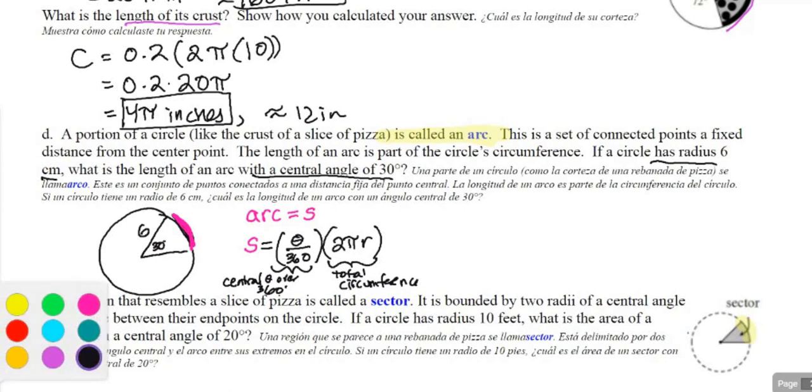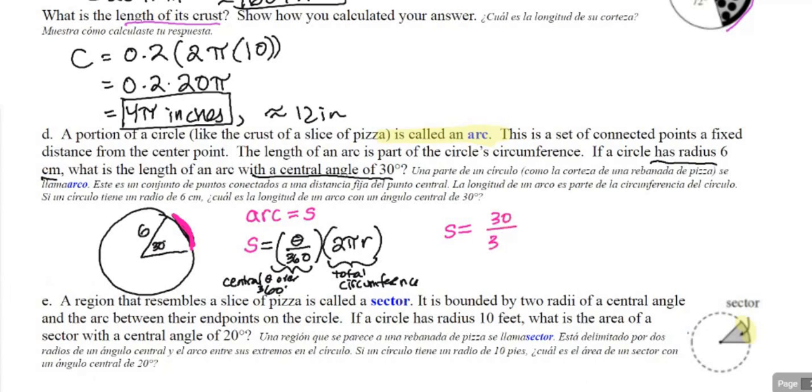So for this problem, we have S equals 30 degrees over 360 times 2 pi times r, which is 6. Now I'm going to put pi on the outside because then I can do the rest in my calculator.